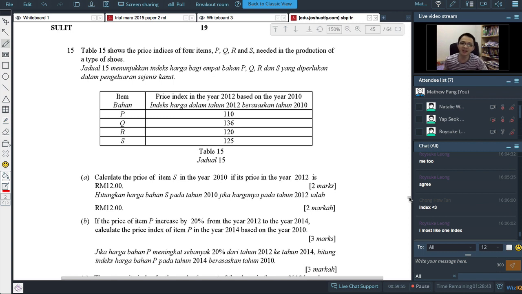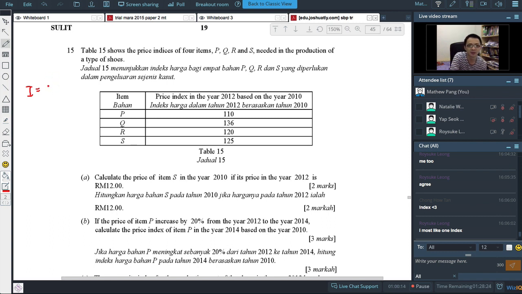Okay, for index number, you need to have some basic knowledge. The formula for index number, they will use Q, but I do not love to use Q over here. I will use price.